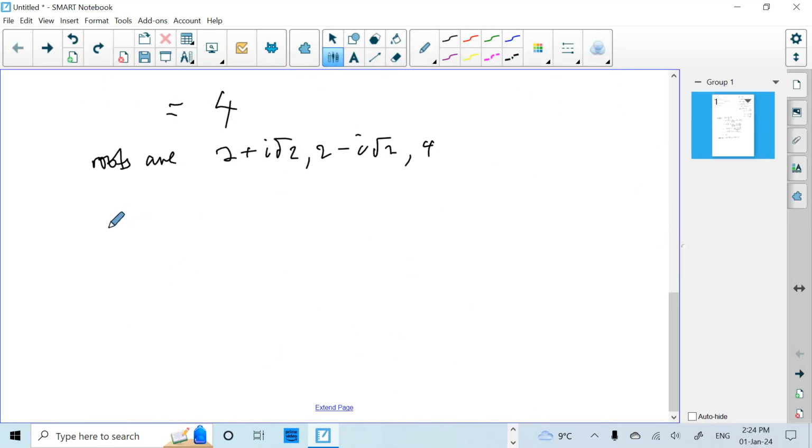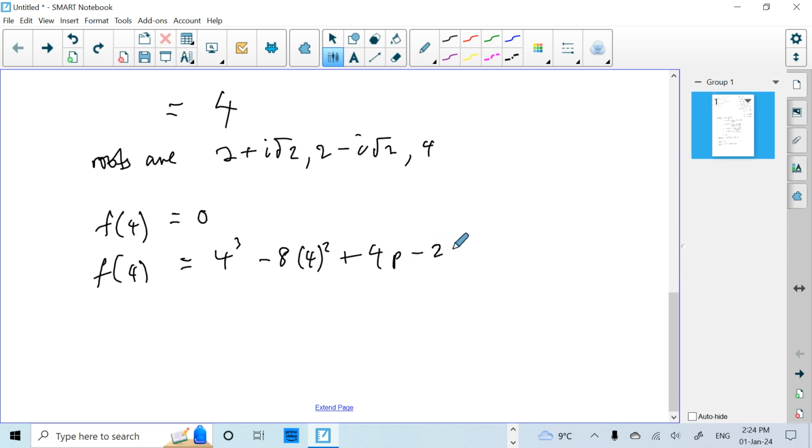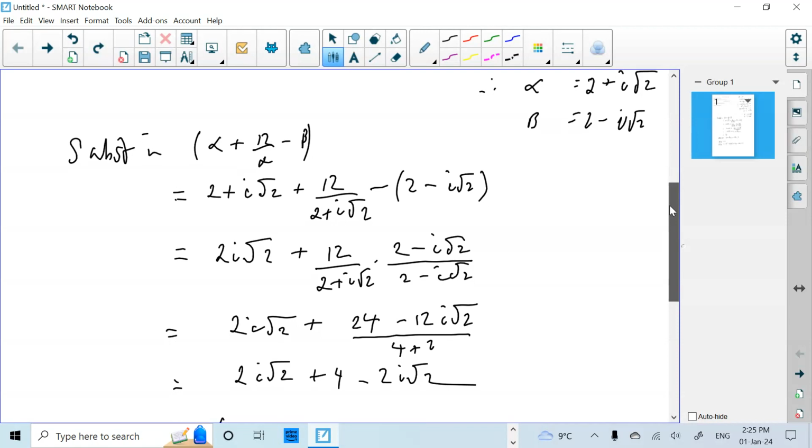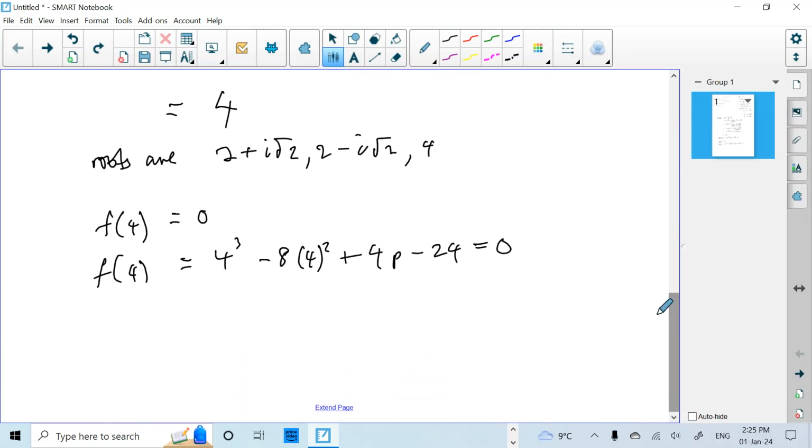So I substitute f(4) equals 0, putting 4 cubed minus 8 times 4 squared plus 4p minus 24. Oh, we could have used the sum of the roots in part A as well, or divided through using algebraic long division for part A.